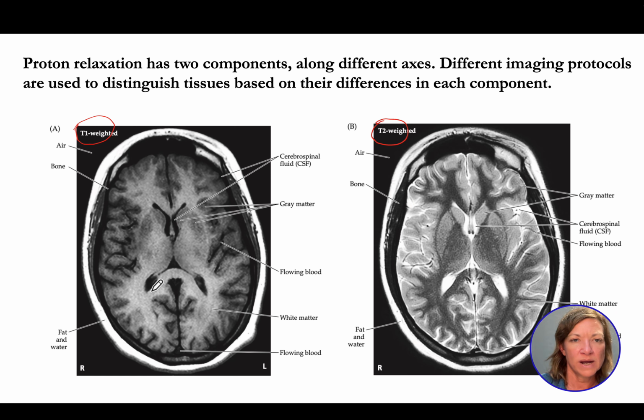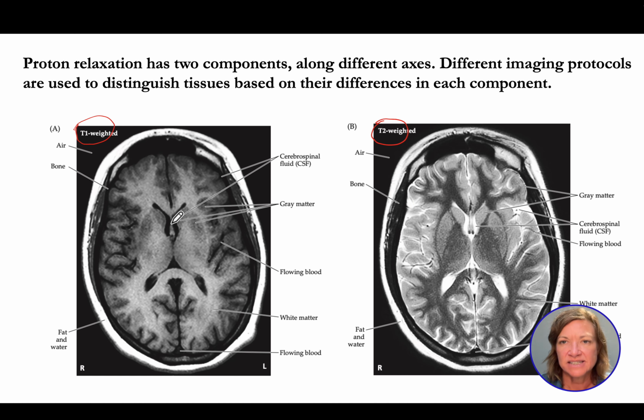So T1 weighted images and T2 weighted images, in a very sort of simplistic way, T1 weighted images, we remember that they tend to look like normal anatomy. So in a T1 weighted image, things look the way we expect them to look. Gray matter is dark relative to white matter, and the fluid in the ventricular system, CSF, is dark.